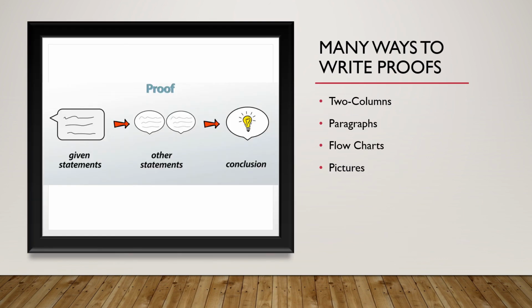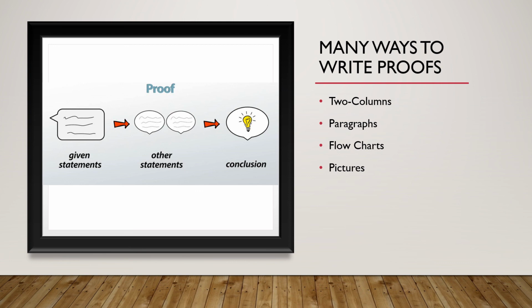One final note to make here is that there are many ways to write proofs. We have our really standard 2-column proof that you see in our book, where we have statements on the left and reasons on the right. Now, if you wanted to write a paragraph proof, you could use your if-then statements to do that and link those statements together as sentences in a paragraph.